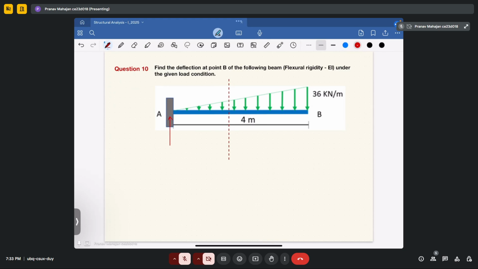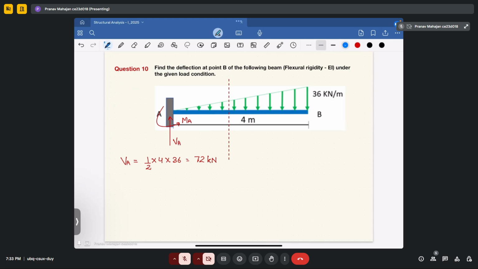Suppose this is your VA and here you will get moment also as MA. So your VA will be equal to 1 by 2 into 4 into 36. That will be equal to 72 kilonewton.